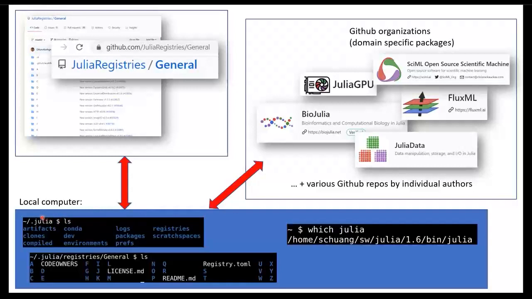The Julia packages are typically installed under the .julia directory under the home directory. This directory can be configured to be something else, but typically this is the default setting.